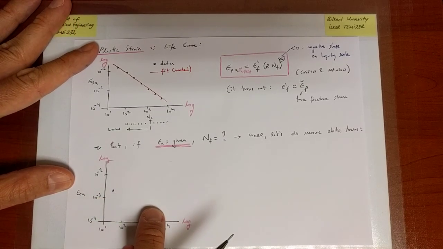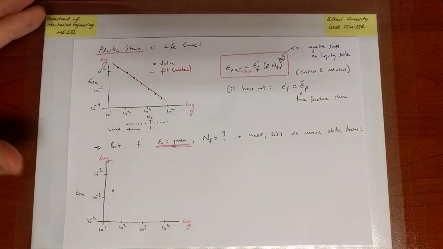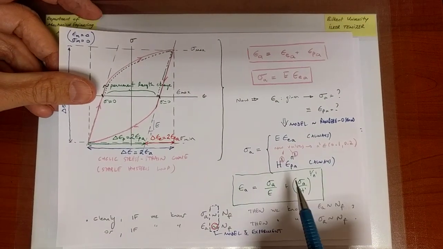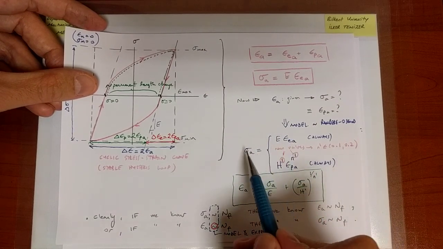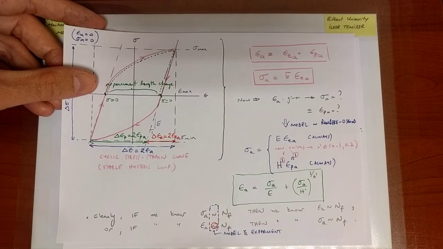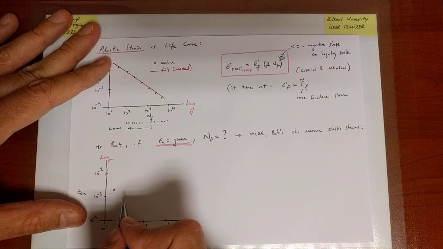Okay. Again, we know that if you want to go up to a higher number of cycles, the elastic strain amplitude also needs to be less. How do I know that? Well, because from the Ramberg-Osgood model, if we have a smaller epsilon_EA, then stress amplitude decreases, and I know intuitively that smaller stress amplitudes lead to larger lives.